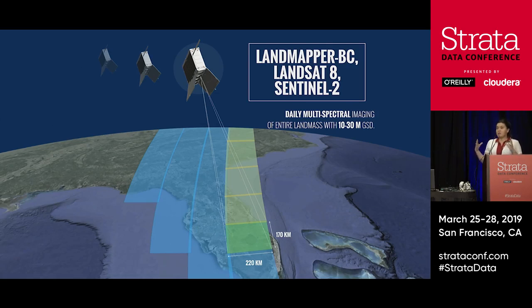Altogether, they provide up to daily monitoring with medium resolution data, like 10 to 30 meters in one pixel. This data is not enough if you want to see a man, a car, or a building, but it's pretty good if you want to see a growing field and understand what's happening with it. Further on, I will talk about this type of data with broad coverage and medium resolution.